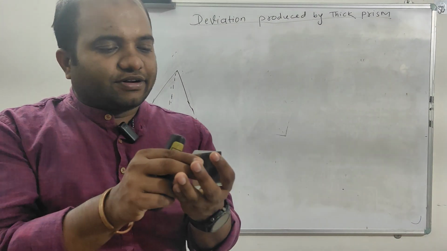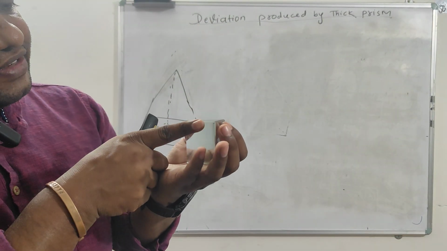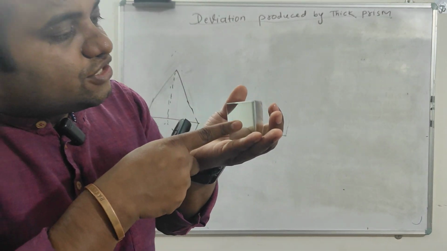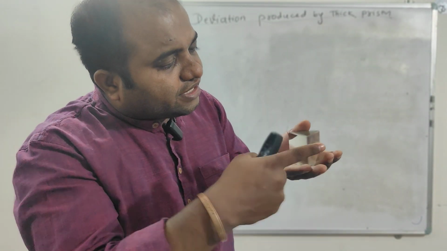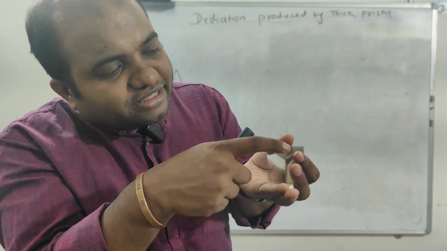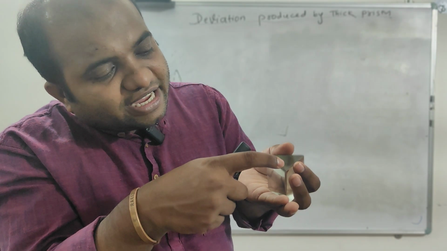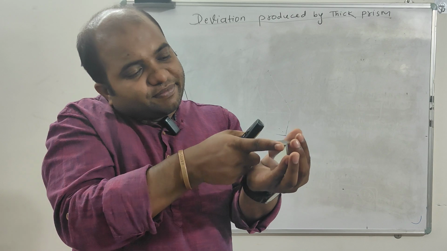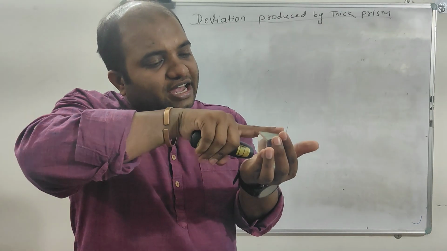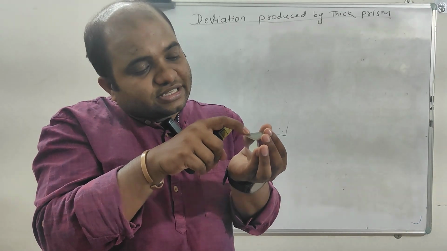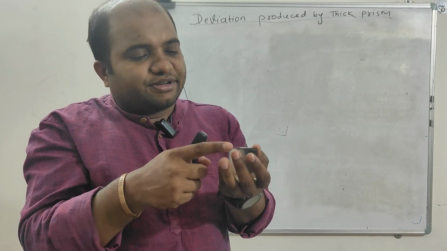Now carefully see one more thing. Here this is one rectangular surface and this one is one more, right? These two rectangular surfaces meet at a point, and the angle formed at this meeting point is called the angle of prism. Here also, between this rectangular surface and this surface, you have the angle of prism.